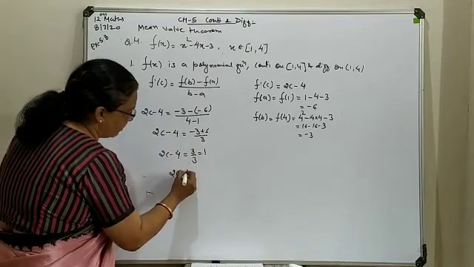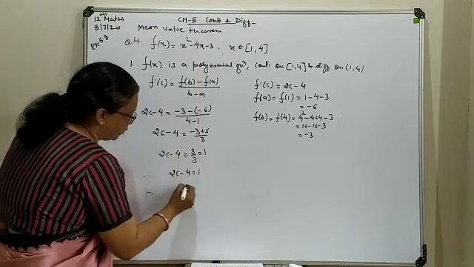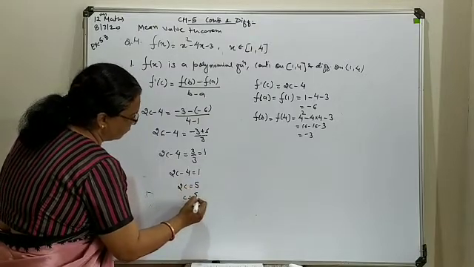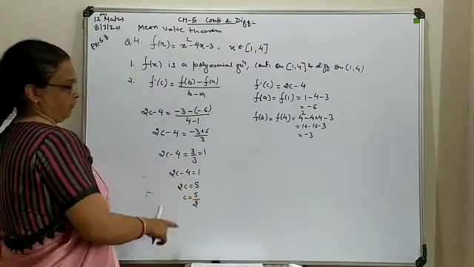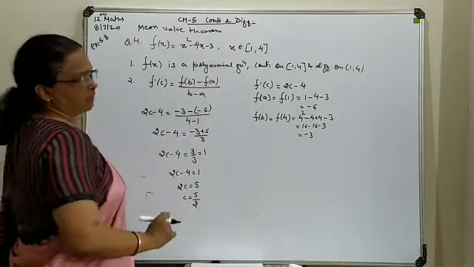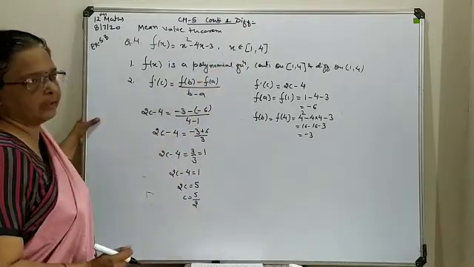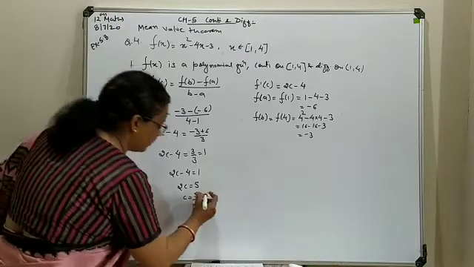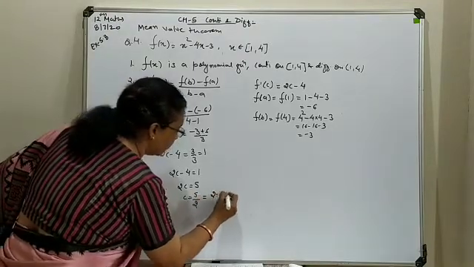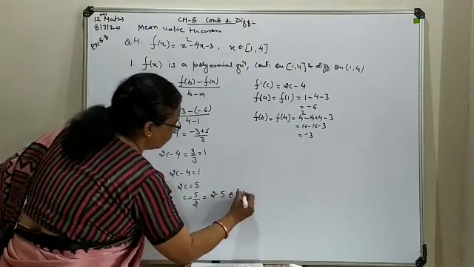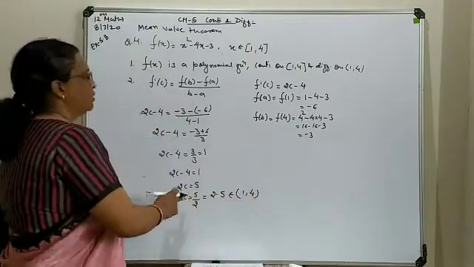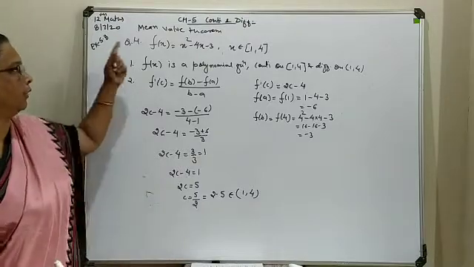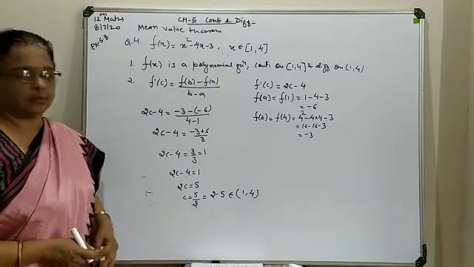So 2c minus 4 is equal to 1, 2c is 5, and c you are getting is 5 upon 2, that means 2.5. If you look at this interval, in between 1 and 4, obviously 2.5 will lie. So c is 2.5, which belongs to the open interval (1, 4). This way c is to be evaluated following the mean value theorem.